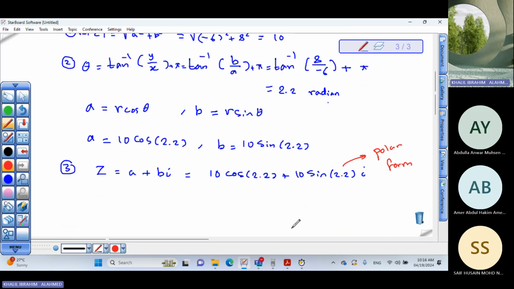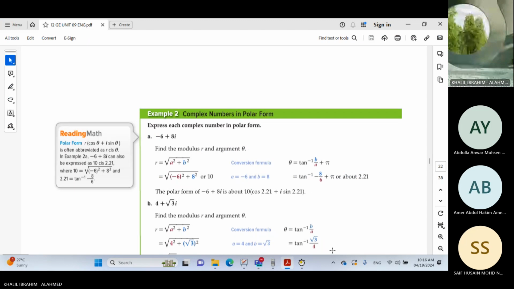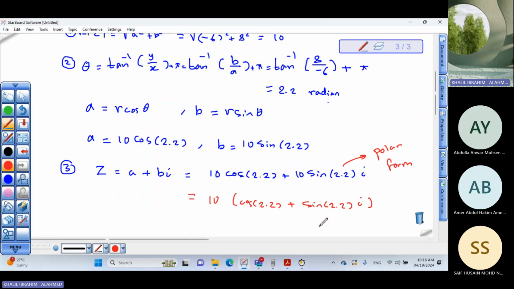Did you understand this step? Maybe we can take 10 as a common factor: 10 times cosine 2.2 plus sine 2.2 i. I prefer you put i before the sine, not after, because some students may think it is part of the angle.